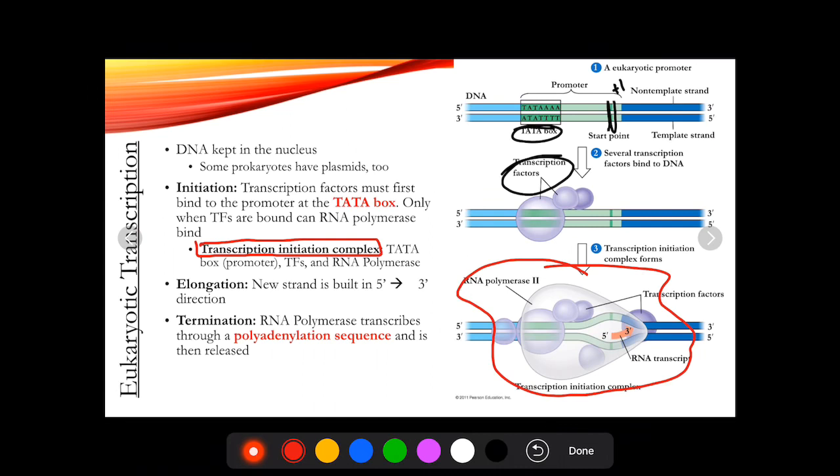And now when we get to termination, instead of a termination sequence, we've got a polyadenylation sequence, which is just a fancy way of saying a whole bunch of A's. So that's a sequence that is going to tell the RNA polymerase that it can fall off, but it is also going to be involved later on in further processing of the mRNA.